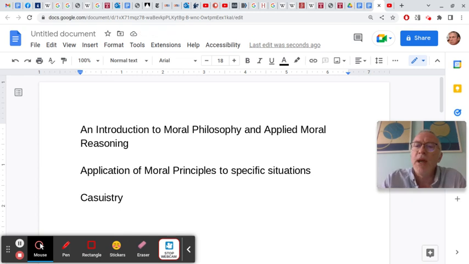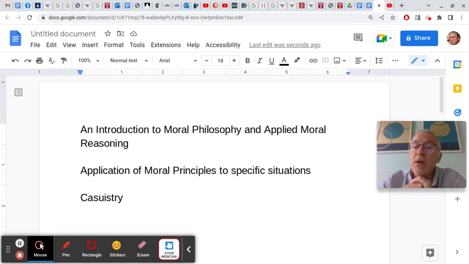The idea is that we start with commonly accepted principles, and people argue in philosophy about what they should be. For instance, Kant's principle that we should always treat persons, other human beings, with respect. That is a general principle that we can agree upon.